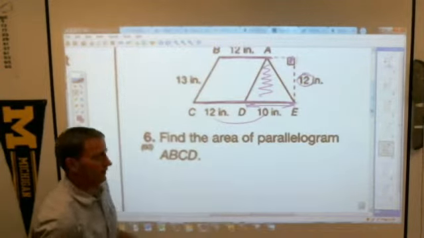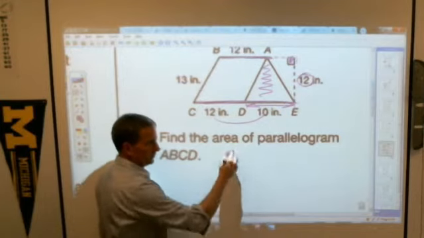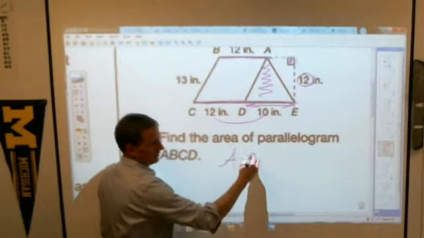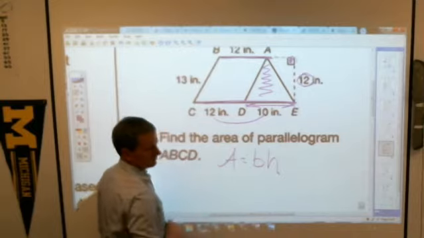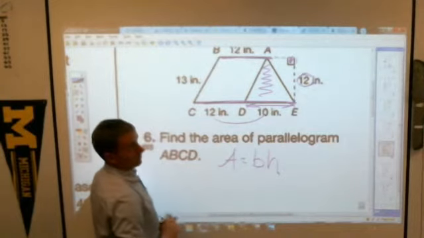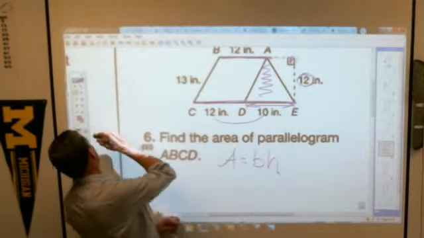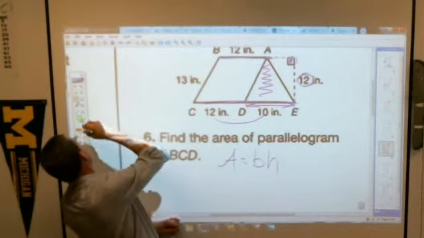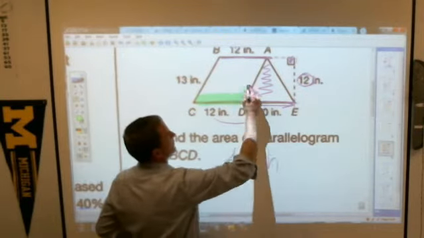Oh. And again, writing down the formula for the area of a parallelogram. Area of a parallelogram is just base times height. You have to understand what the parallelogram is here. Parallelogram is just this piece right here.